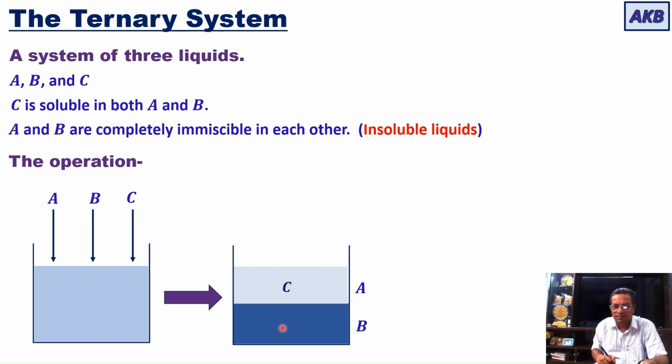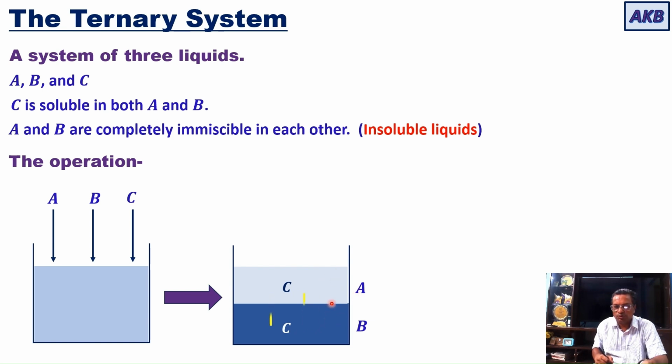And C will be transferring from the A rich layer to the B rich layer, and at the same time, once there is enough concentration of C in the B rich layer, C will then be transferring from the B rich layer to the A rich layer as well. That means there are two processes: the transfer of C from the A rich layer to the B rich layer and the transfer of C from the B rich layer to the A rich layer.